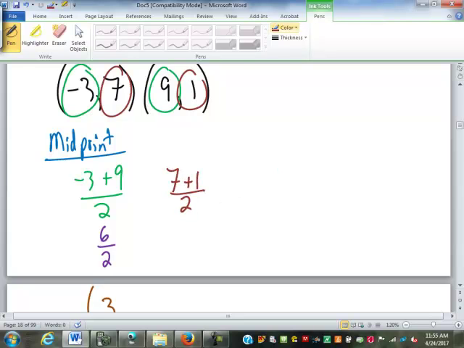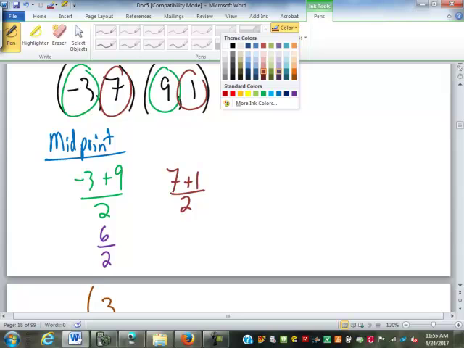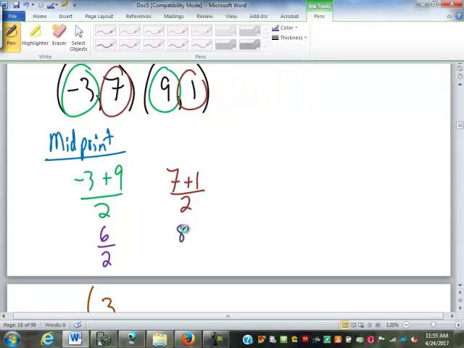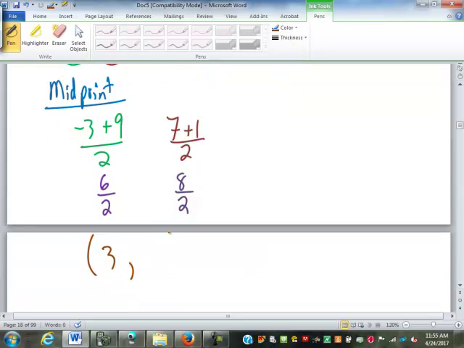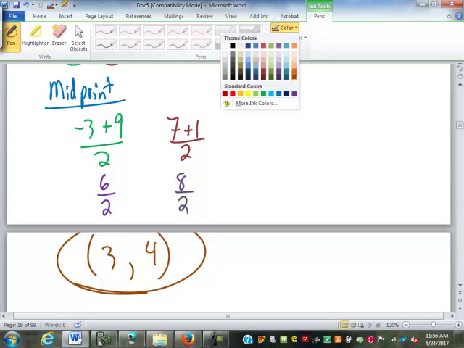So average them together. 7 plus 1 divided by 2. 7 plus 1 is 8. So it's 8 divided by 2. 8 divided by 2 is 4. So that midpoint is 3, 4. So that's a relatively simple formula to use.